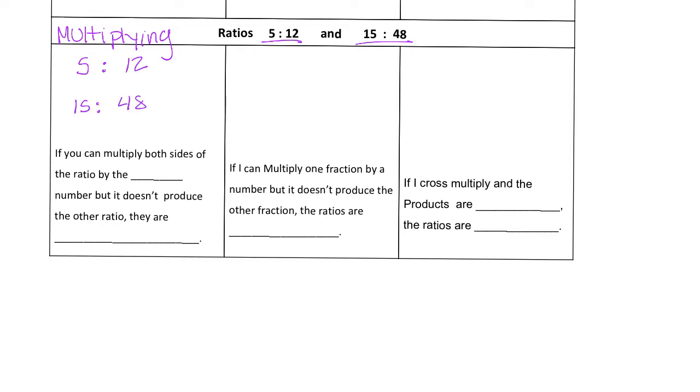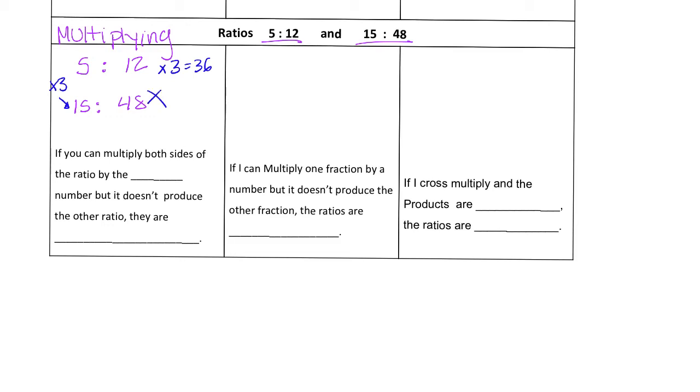Okay, and I know that 5 times 3 gives me 15, but 12 times 3 is 36, which is not 48.